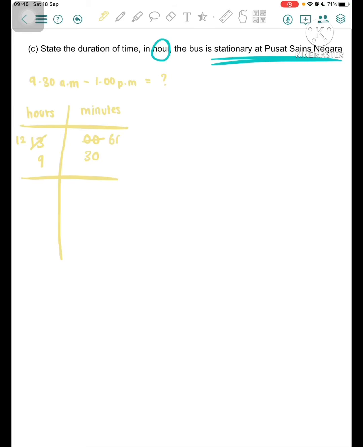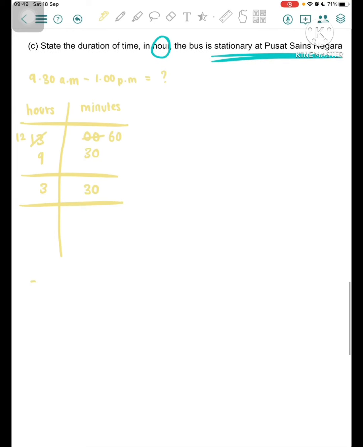And this 60. So, 60 minutes minus 30 minutes is 30 minutes. And 12 hours minus 9 hours is 3 hours. So, this is the answer. The answer is 3 hours and 30 minutes. This is the duration of time.